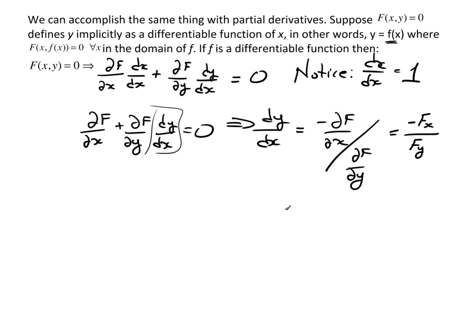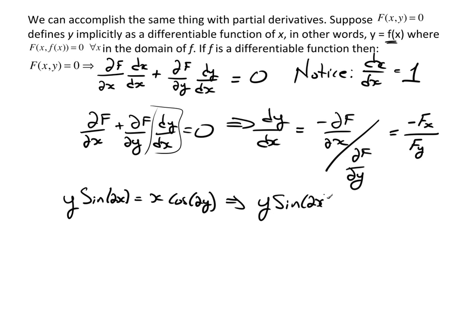Now, how can I apply that to the problem that I just did? The previous problem was y sine 2x equals x cosine 2y. That implies that y sine 2x minus x cosine 2y equals 0.